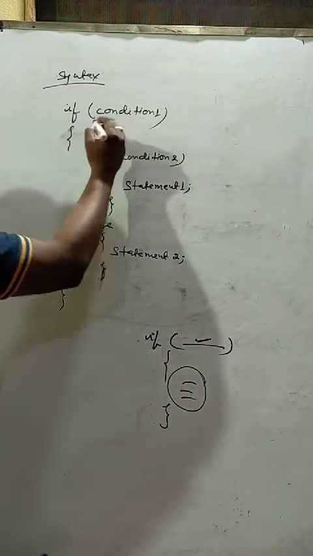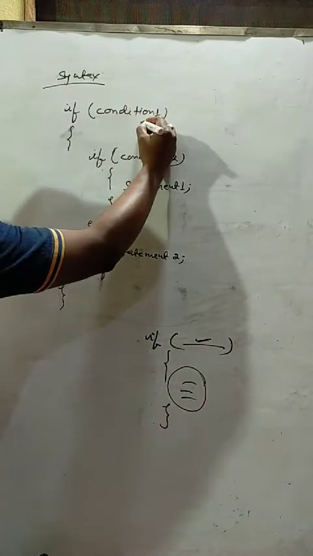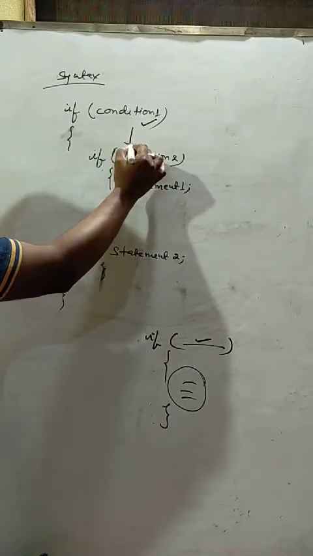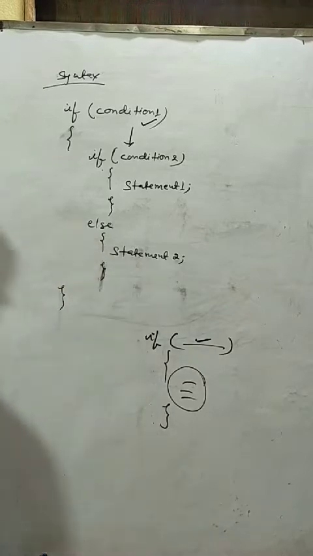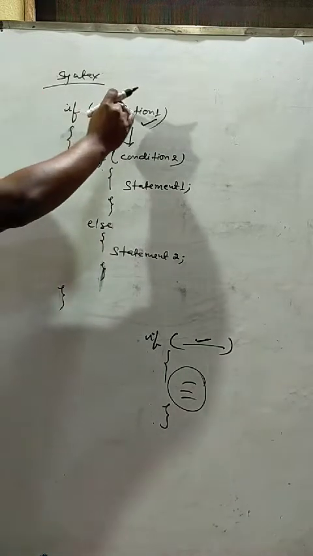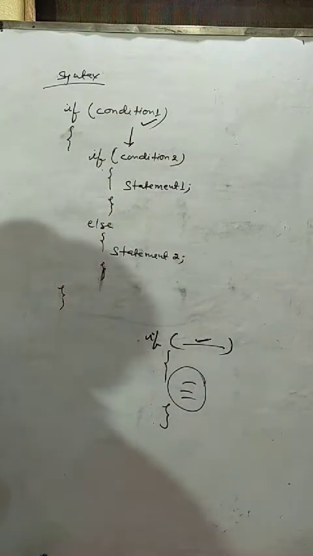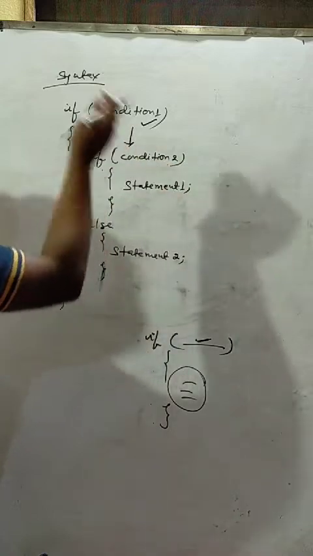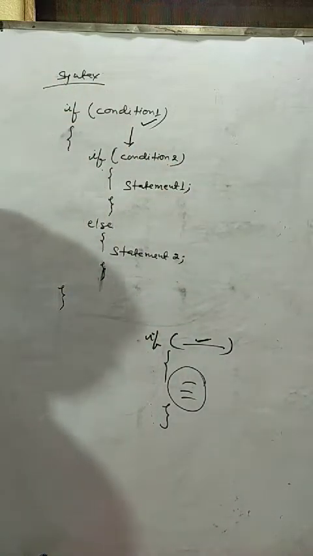So first of all the control will check condition 1. If condition 1 evaluates to true, then control moves inside the if, that is the outer if. Inside it, the control will find one more condition, condition 2, which is also evaluated.